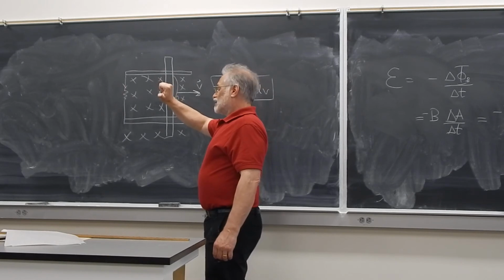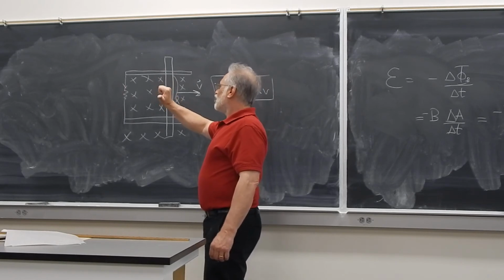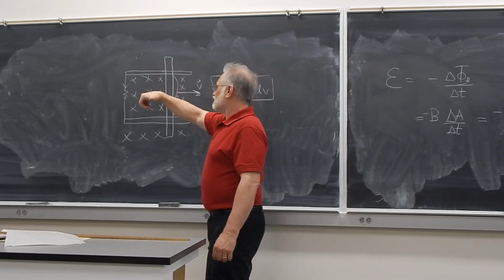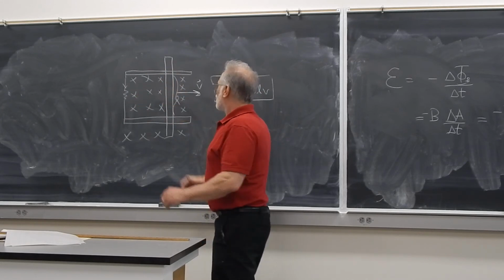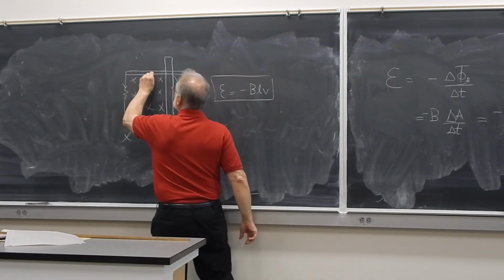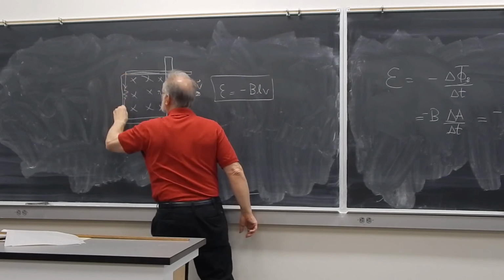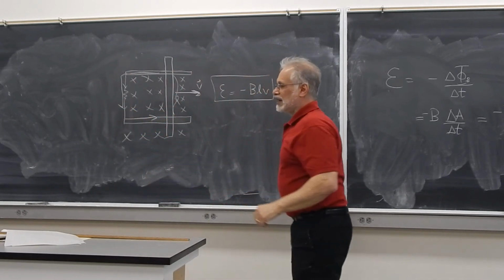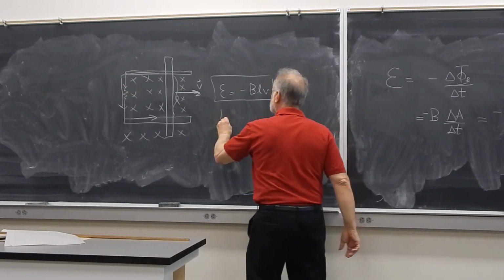In order to induce a field that comes out of the board, I would have to have a current that's going counterclockwise according to the right-hand rule. So when I move this guy to the right, I'm going to induce a current that's going counterclockwise, or down through that resistor and around the circuit. It's what we call Lenz's law.